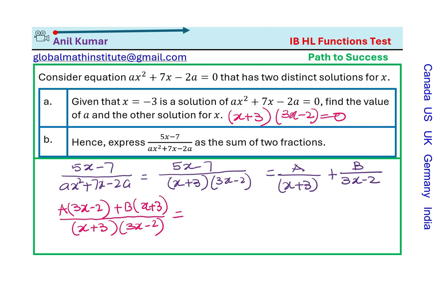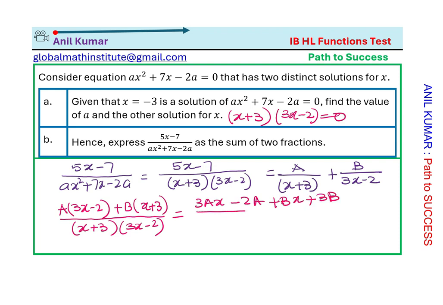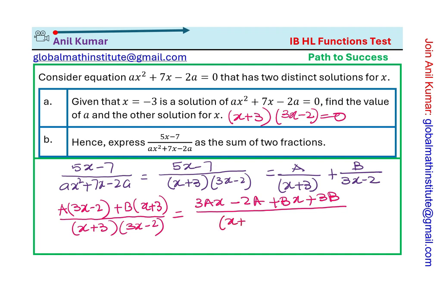So a times 3x means we have got 3ax minus 2a plus bx plus 3b over the denominator, which is x plus 3, 3x minus 2.